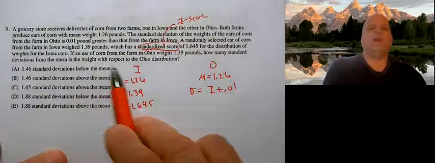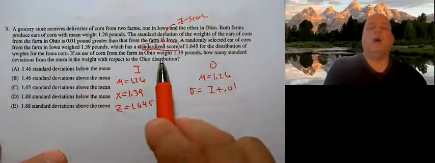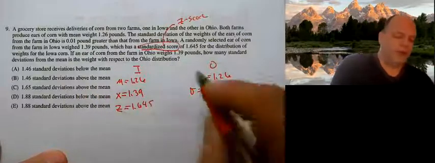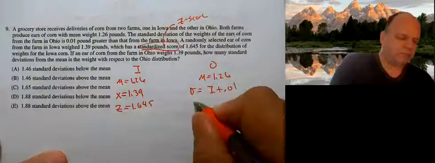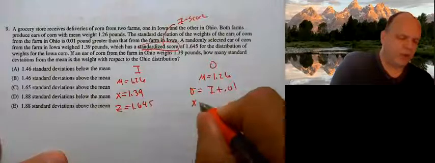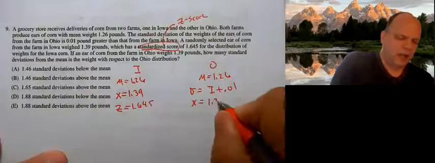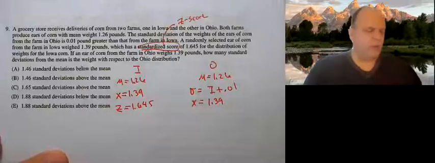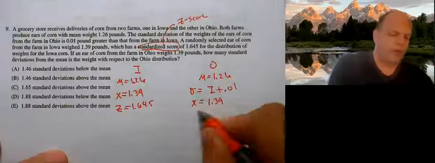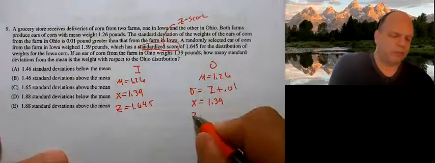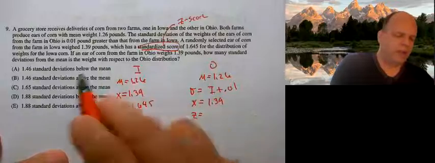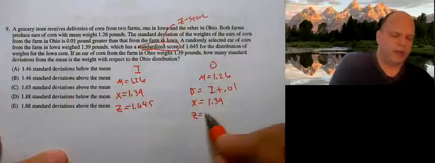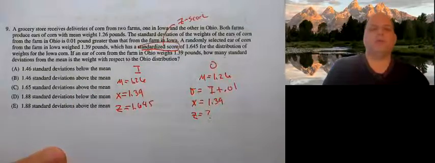If an ear of corn from Ohio weighs 1.39, so X equals 1.39, how many standard deviations from the mean is the weight? So we're looking for the Z-score, because they want to know how many standard deviations, and that is the Z-score. So that's what we're looking for.